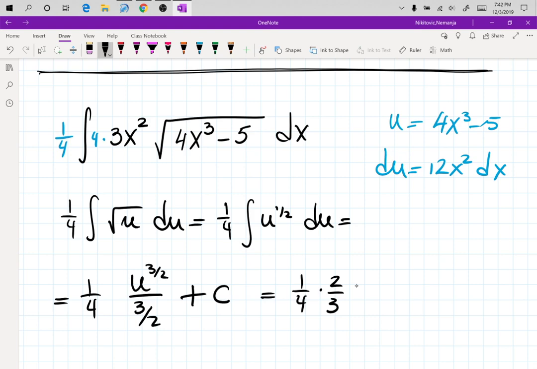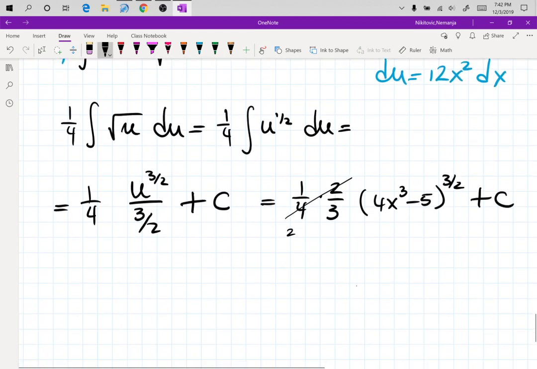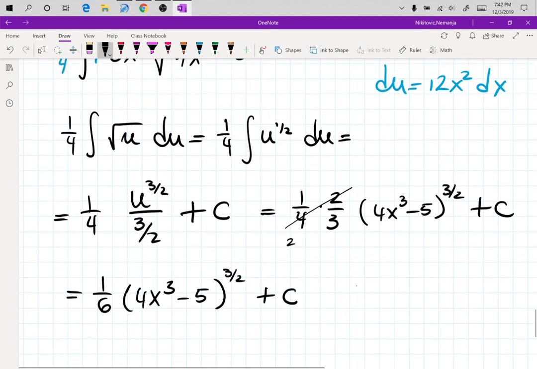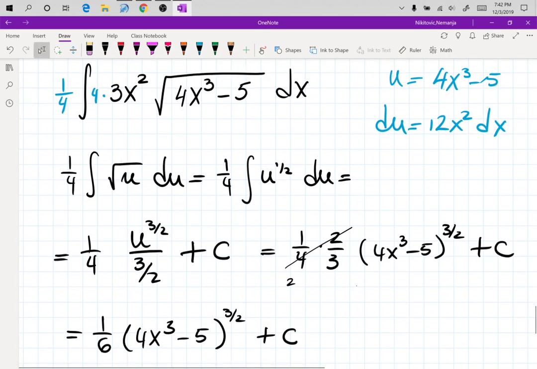The u is good old 4x cubed minus 5 to the 3/2 plus c. These cancel, and it becomes 1/6 times (4x cubed minus 5) to the 3/2 plus c. There it is, the full problem.